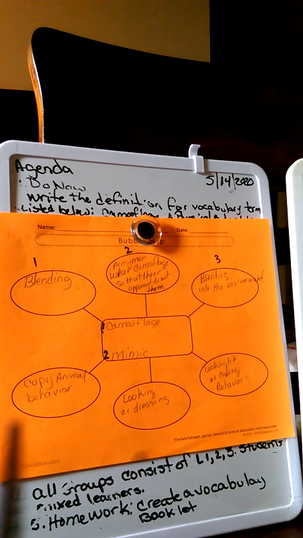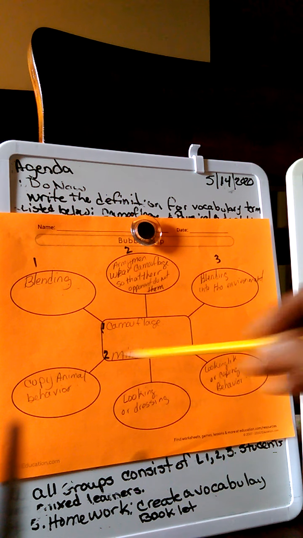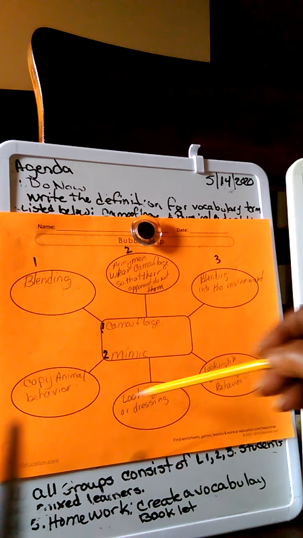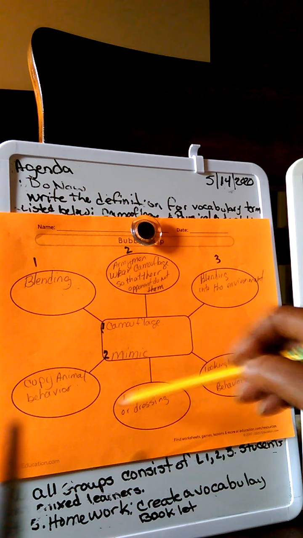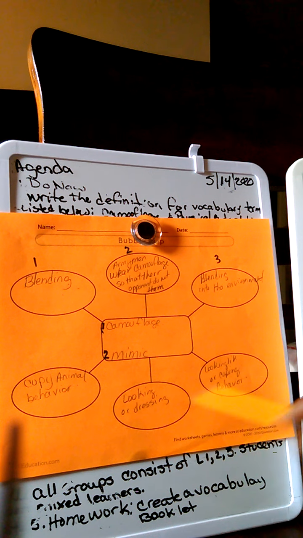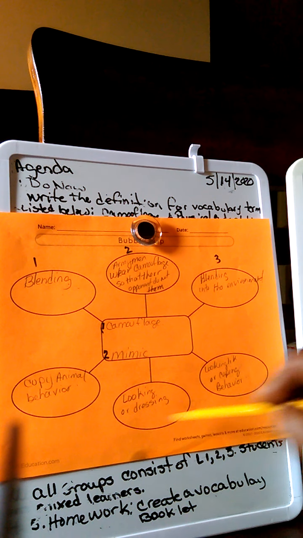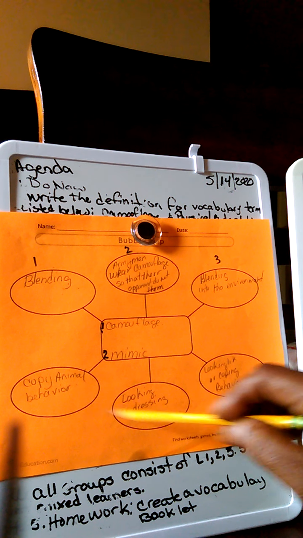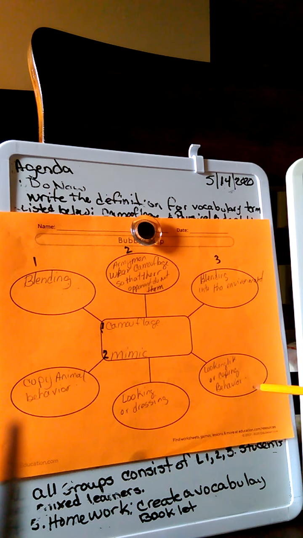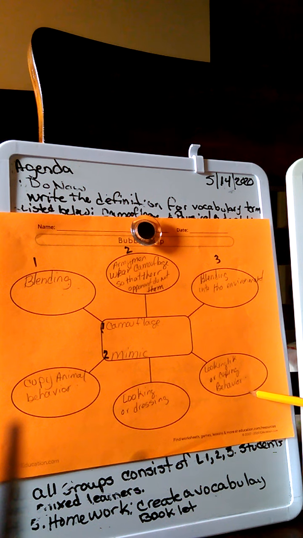So let's go on to mimic. Okay, we're going to do the same thing down here for mimic. We're going to write mimic in the square number 2. In the bubbles below, 1, 2, and 3, the first 2 bubbles we're going to give examples. In the third bubble, we're going to write the definition.